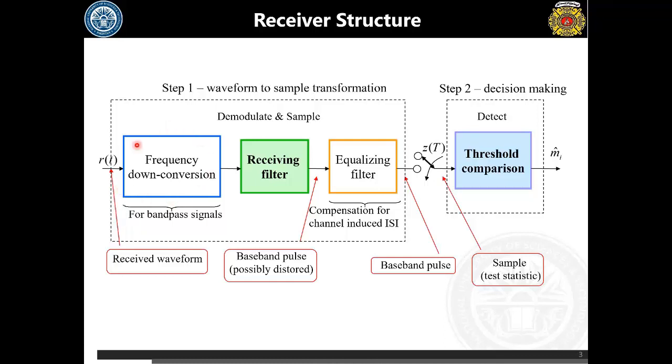It first passes through frequency down conversion to convert the bandpass signal into a baseband signal, and then through the receiving filter. The receiving filter is the matched filter, already covered in previous lectures. After the matched filter, the next stage is the equalizing filter, which is responsible for the mitigation or reduction of intersymbol interference. We need to design such a filter which will reduce the intersymbol interference as much as possible.